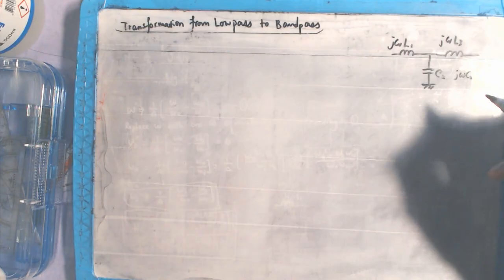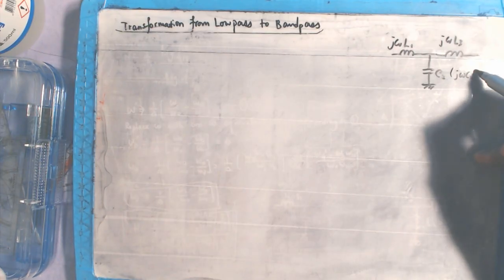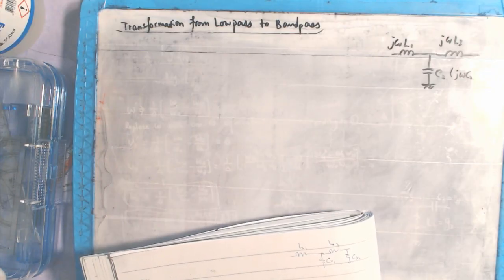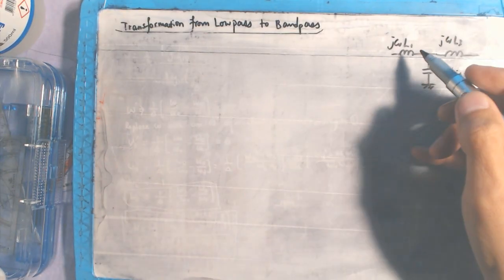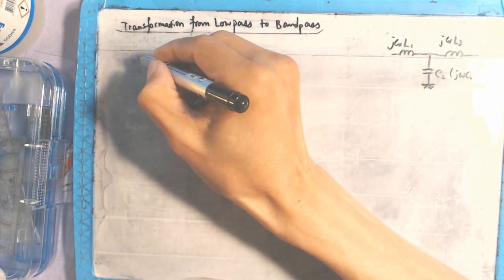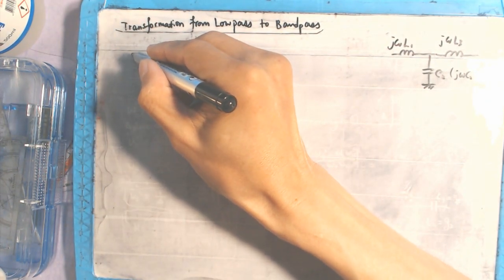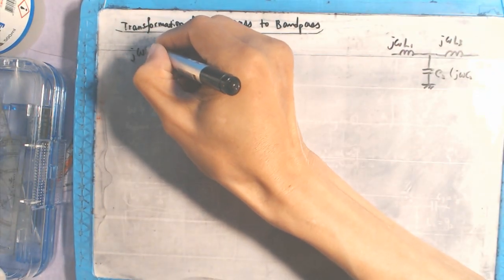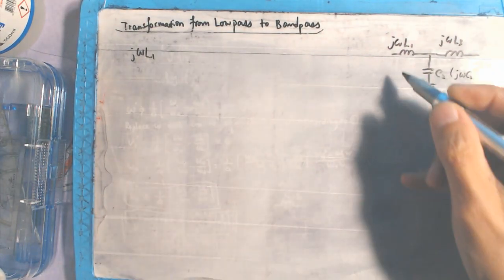So I'm going to just bracket it, just make sure you don't get confused. Now, I'm going to use frequency scaling to find the equivalent here. So omega L1 is the reactance here.